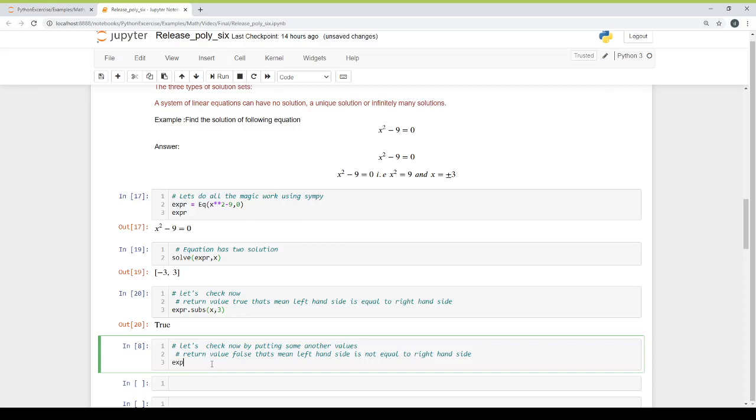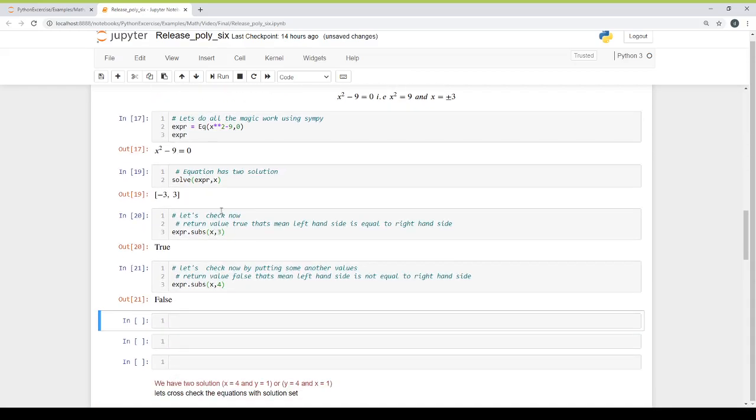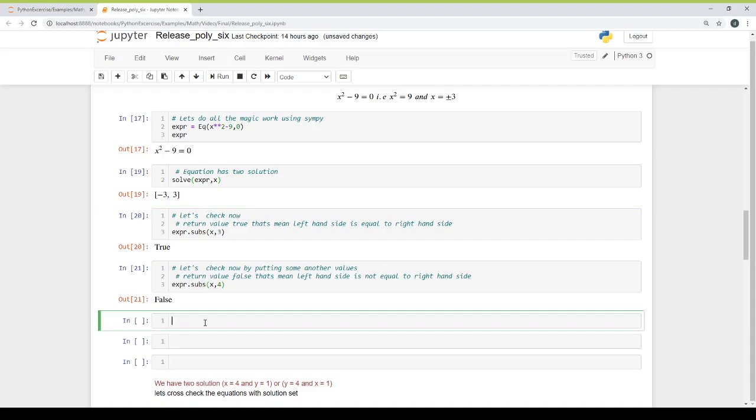Suppose we put expr.subs with x value 4: false. That means 4 doesn't satisfy this equation. 16 minus 9 is 7, 7 is not equal to 0, wrong, false. So we can check the equation by calling the substitute method, substituting the value of the variable in the equation, to see whether it is a solution and whether it satisfies the equation or not.